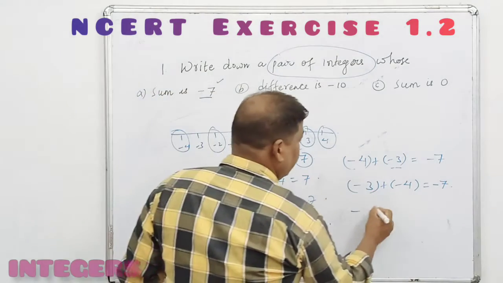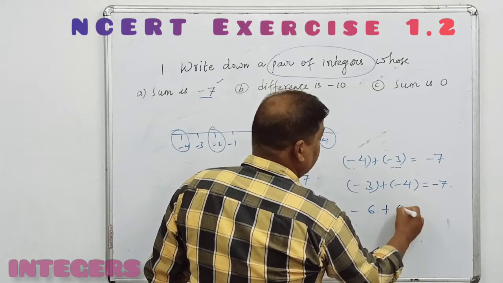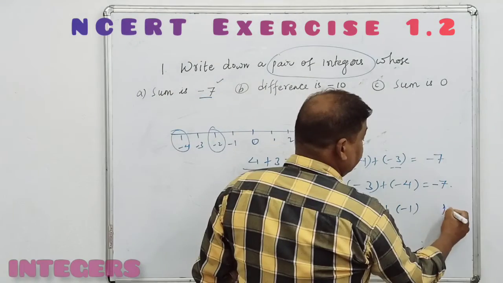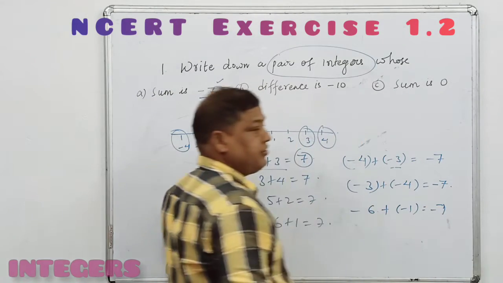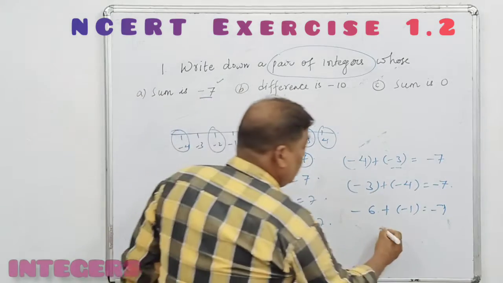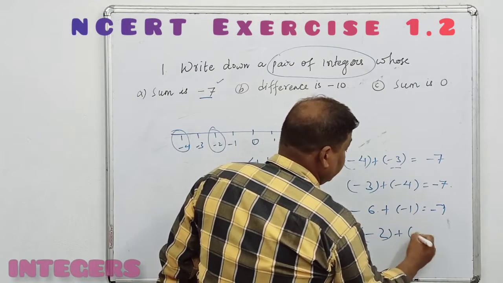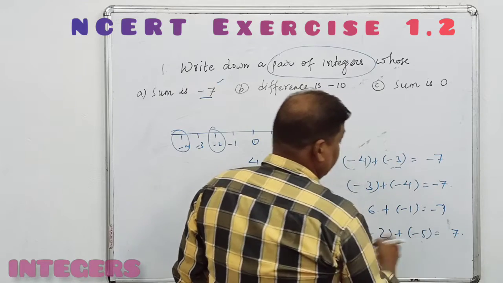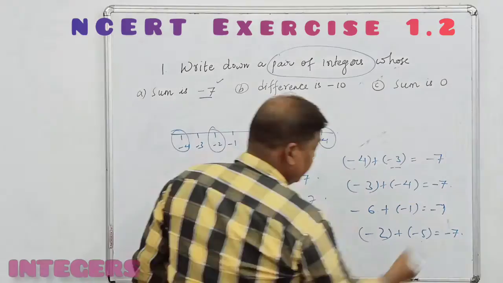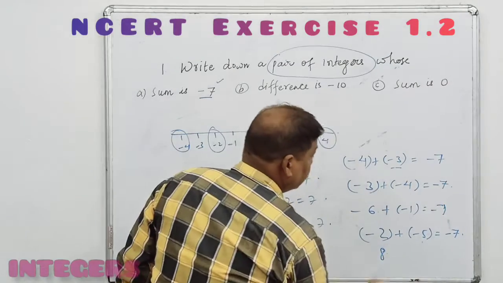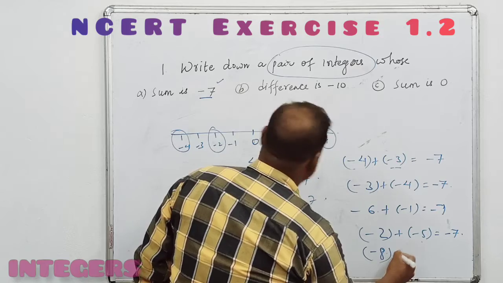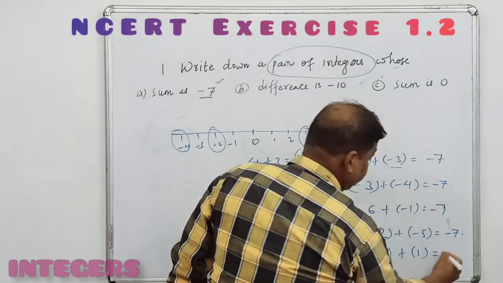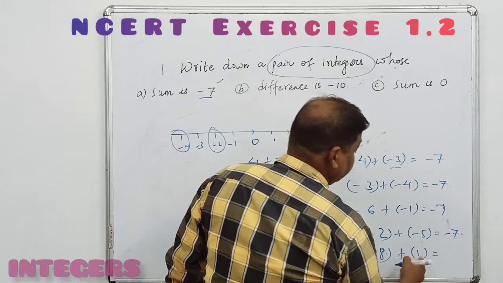You can also take -6 plus -1, so 6 + 1 means that is 7, so -7. You can take -2 or -5, minus plus 2 + 5 that is 7, that is -7. You can take 8 and -8 plus 1, so 8 - 1 means that is 7.